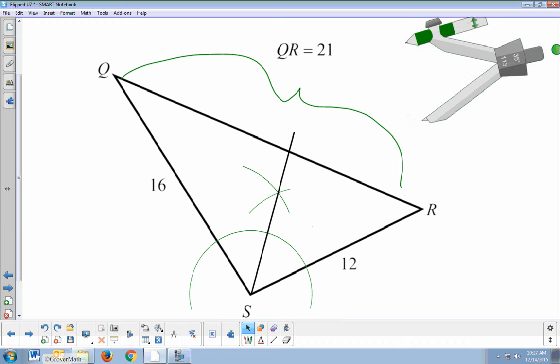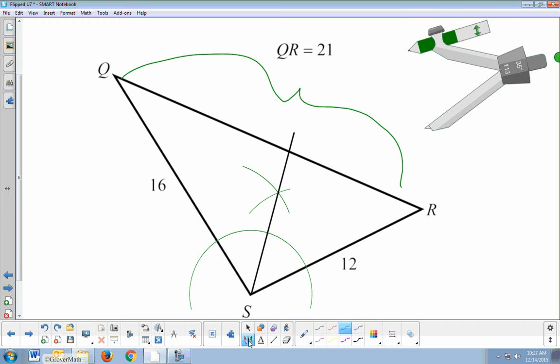All right, so that's good, but how do we now find the lengths of this piece and this piece? I know that they're proportionate to 16 over 12. 16 over 12 is proportionate to A over B, but I don't want two variables.